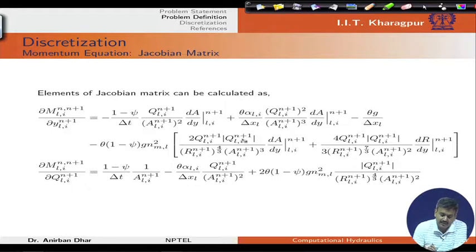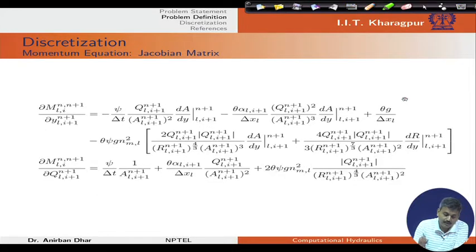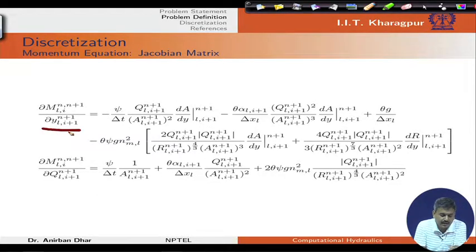So in this case we have a Q square term, but we have replaced it with Q into mod Q. In this case also I have utilized this mod Q. Another variable is y l I plus 1 n plus 1, Q l I plus 1 n plus 1.